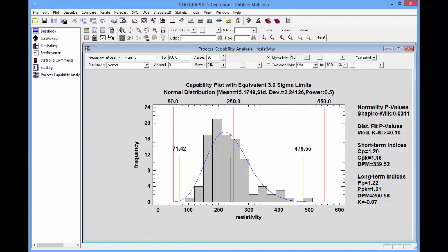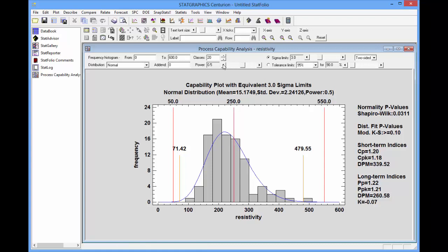It's normal in the square root metric, but in the original metric where I've plotted it here, it's a highly skewed distribution. You'll also notice that the Shapiro-Wilk value has gone up to about 0.03.